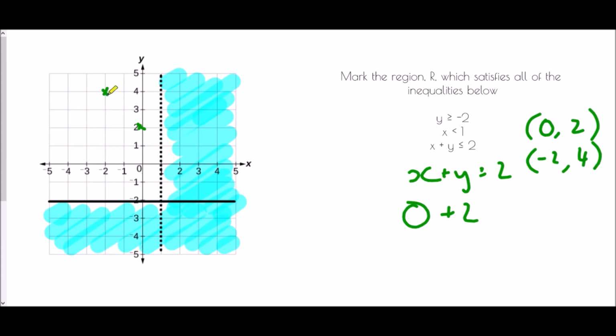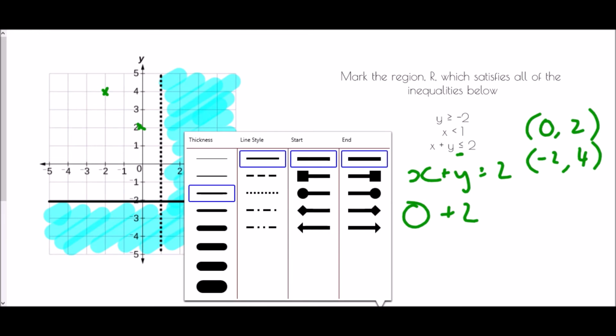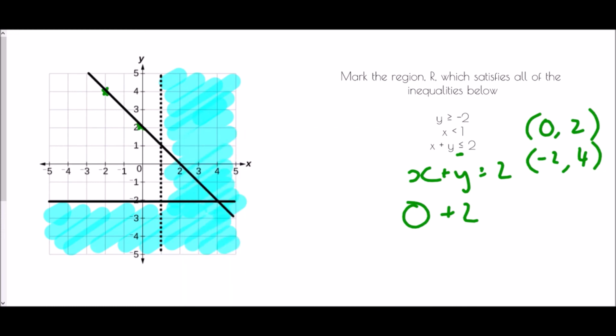Now in this case it's a less than or equal to, so again we're back to a solid line this time, and the solid line is going to have to go through the 2 points that I've just drawn. And let's just get rid of that, there we go. So we draw a solid line, and we were told that it had to be less than that value.